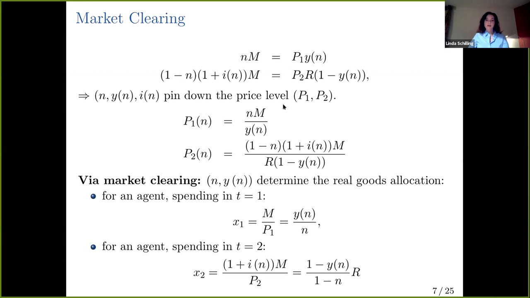Now, let's have a look at these price levels. If you solve these two simple equations for the price level, we see the price level at time 1 is just the endogenous amount of spending divided by the liquidation policy of the central bank. Recall that spending behavior is strategic, at least for the patient types of agents.